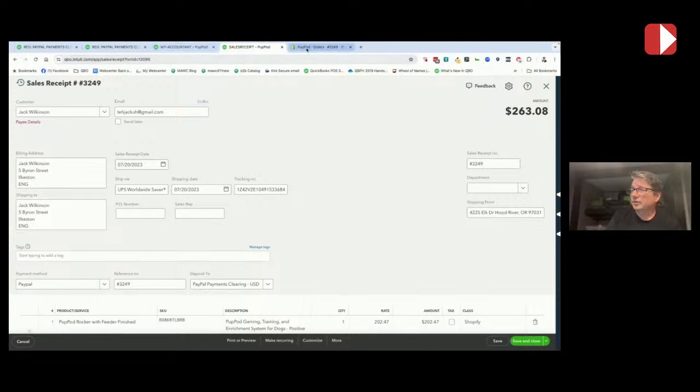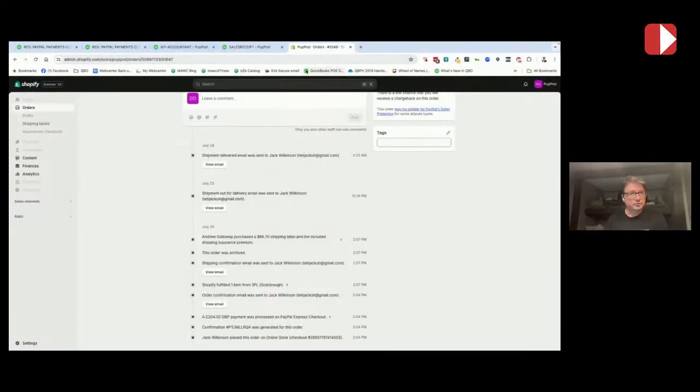that's kind of how things roll here when it comes to utilizing the multi-currency function for sales that are made in different currencies, and bringing them into QuickBooks.